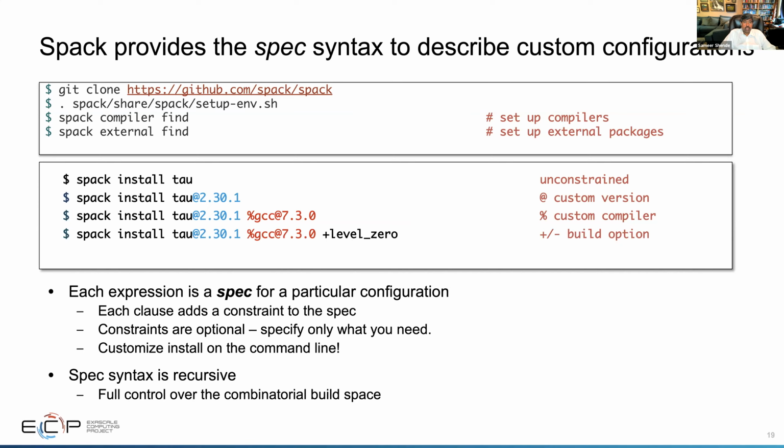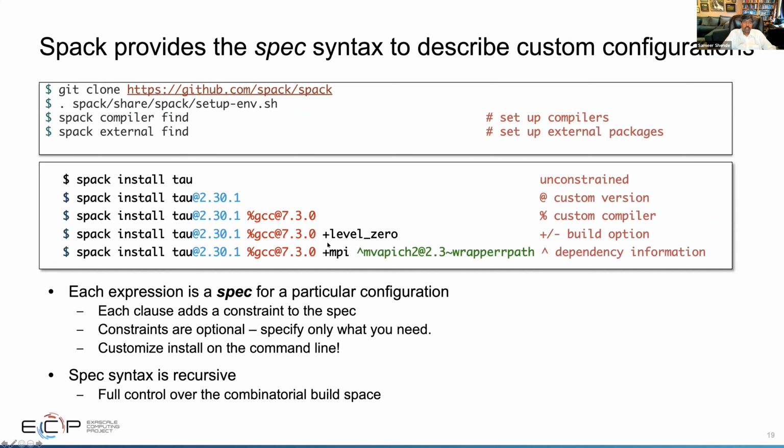And if you are using an Intel GPU, you could get detailed information about the execution of kernels and the Level Zero runtime from the TAU performance system. You can specify variants such as MPI and even specify which product provides that MPI capability.